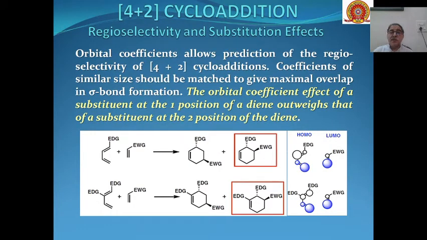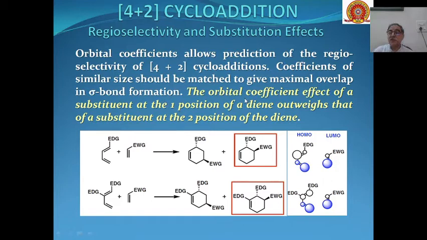Then there is regioselectivity and substitution effects of 4+2 cycloaddition reactions. Orbital coefficients allow prediction of regioselectivity of 4+2 cycloadditions. The coefficients of similar size should be matched to give maximum overlap in sigma bond formation.